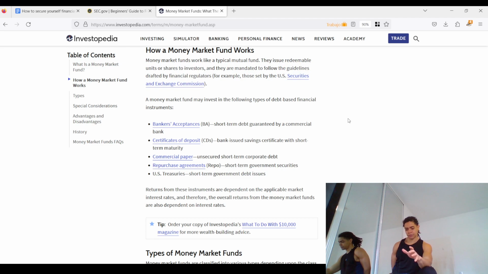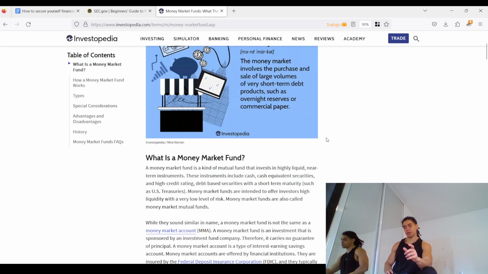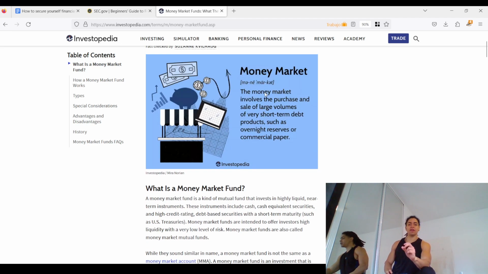These money market funds involve the purchase and sale of large volumes of very short-term debt products, and this is something important to understand about the money market: they are debt instruments that they are buying or selling.